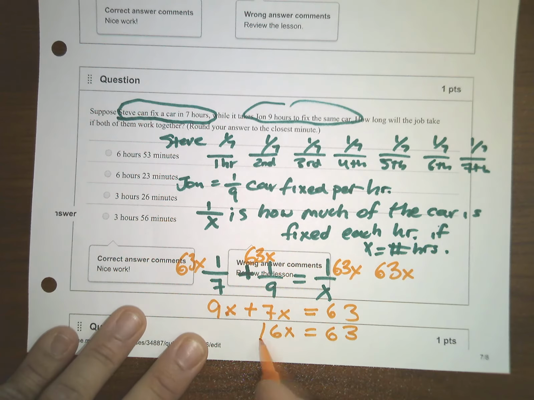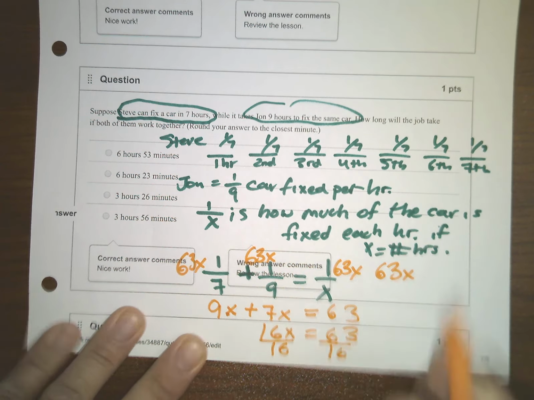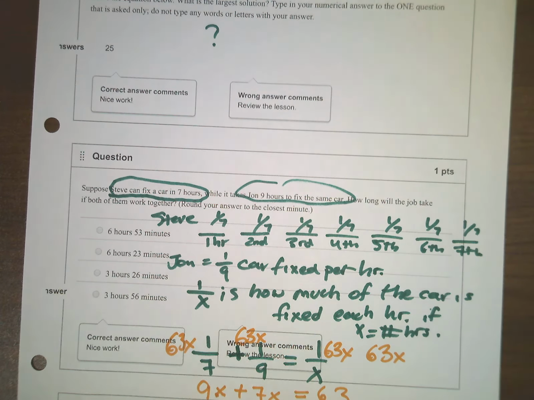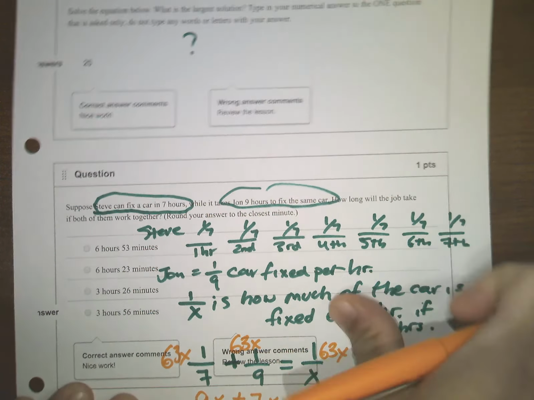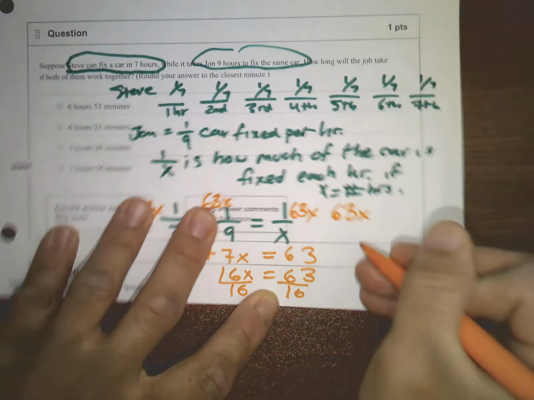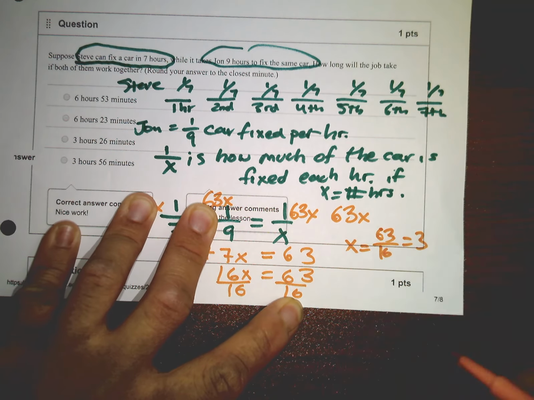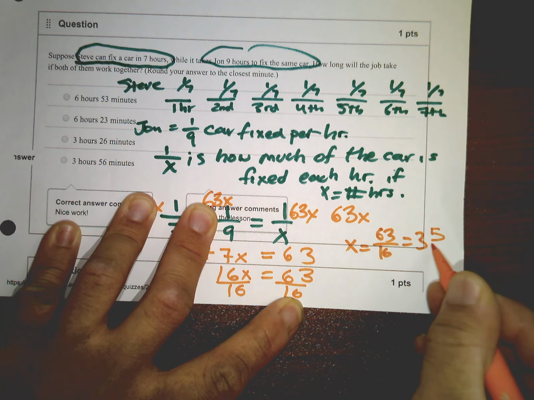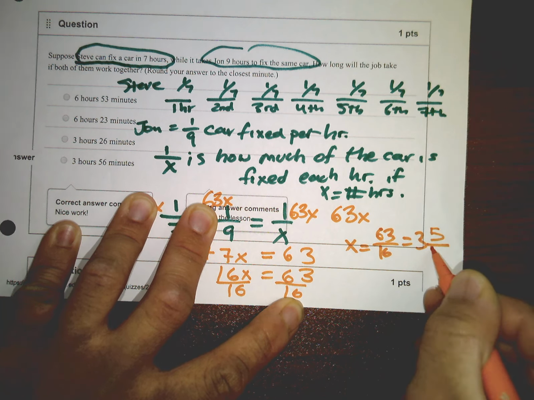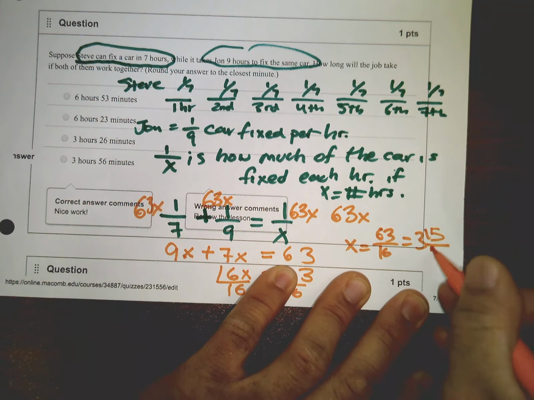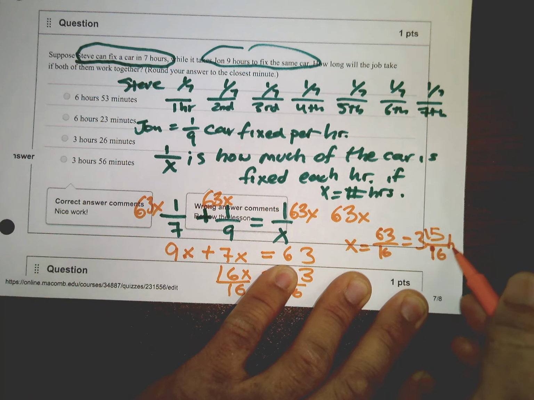And then divide by 16 on each side. So x is 63 over 16, or 3 and 15/16 of an hour.